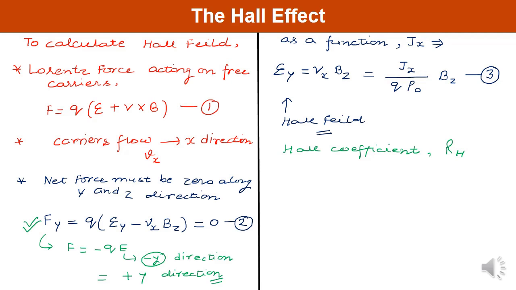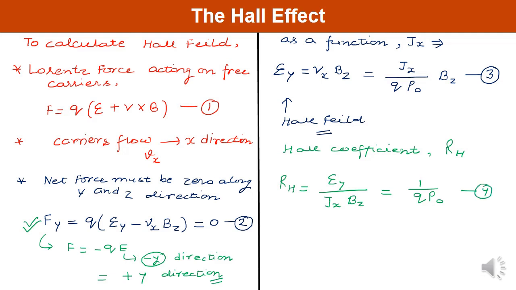RH can be written as the Hall field divided by the applied current density and magnetic field. So RH is Ey upon Jx into Bz. From here it can be written as 1 upon Q into P naught. Let us say this is equation number 4.